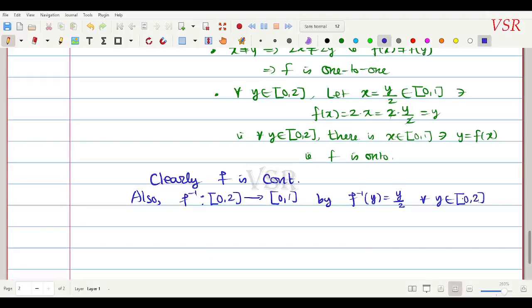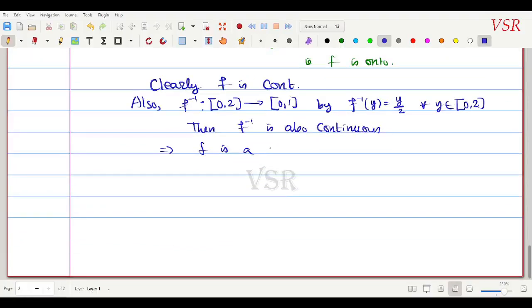Then f inverse is also continuous. So this implies that f is a homeomorphism.